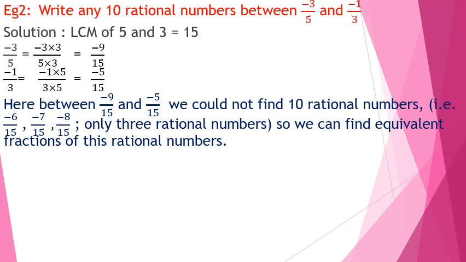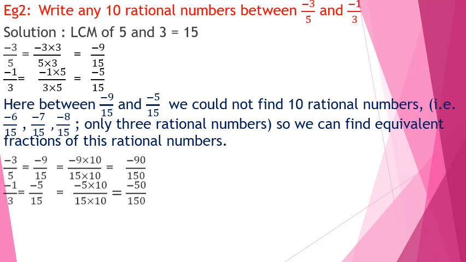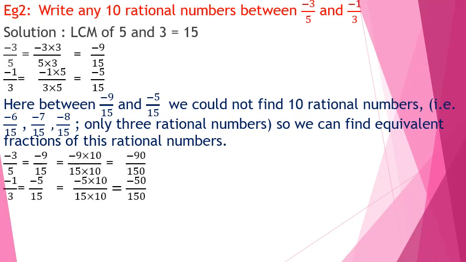So we can find equivalent fractions of these rational numbers. We can multiply both the numerator and denominator by 10. Then we are getting minus 9 upon 15 multiplied by 10 gives minus 90 upon 150.